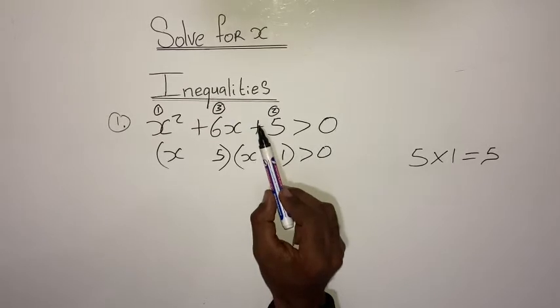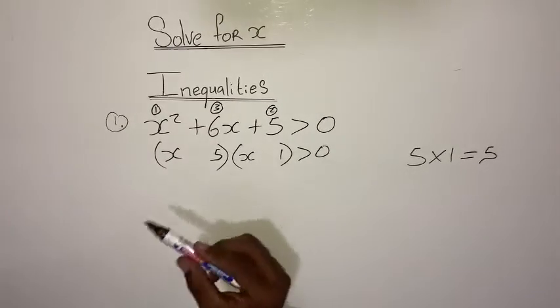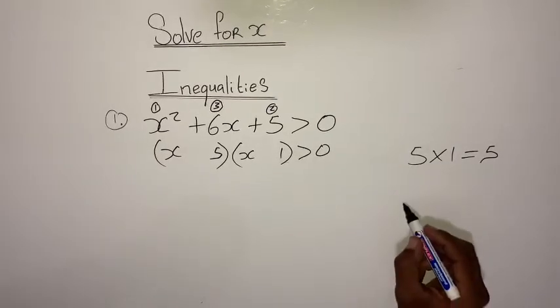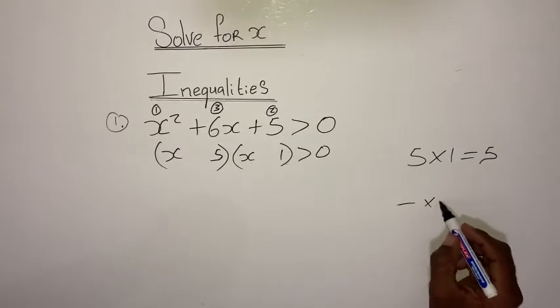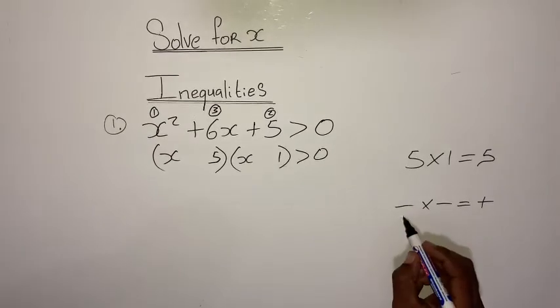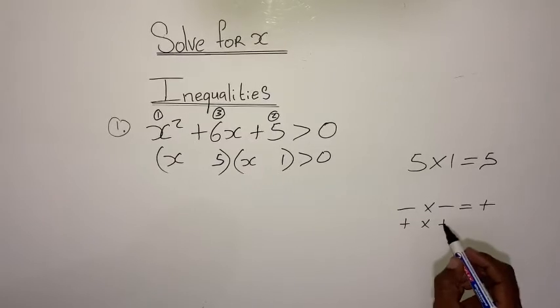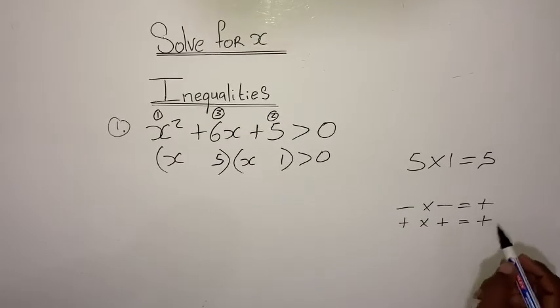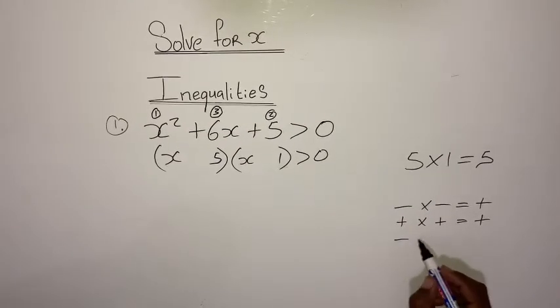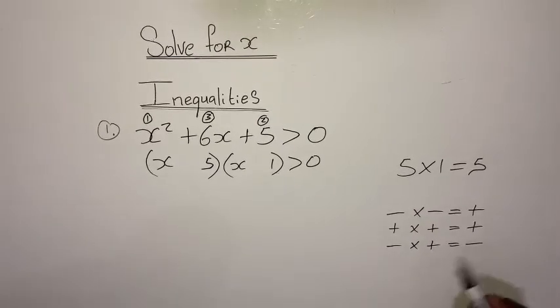A plus means that our brackets will have the same sign, taking that from the product rule, which is a negative times a negative, giving us a positive. Also, a positive times a positive will give us a positive. But when we multiply a negative times a positive, we get a negative.